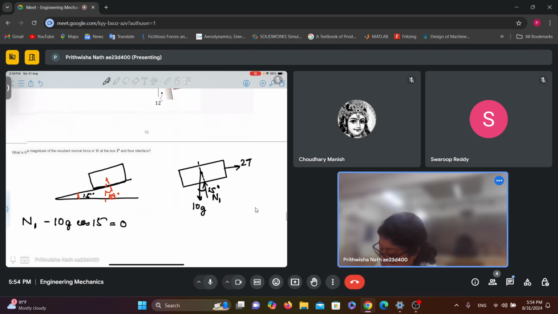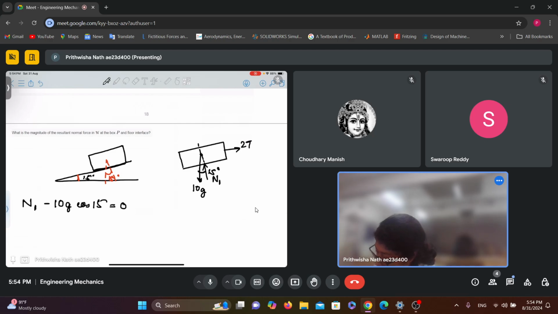Equals to 0. So N1 equals to 10 into 9.81 into cos 15 degree. So N1 equal to 94.76.